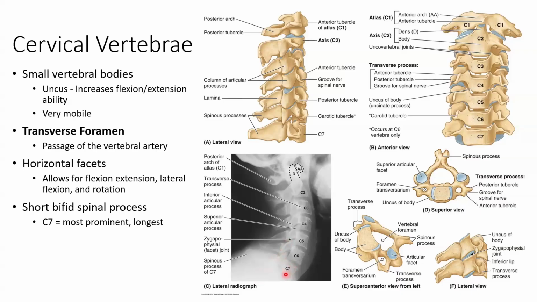And so C7 actually has quite a long spinous process. It's typically the most prominent in people, and so it's easily palpated. So the one exception to the short bifid spinous processes is this C7, which is the most prominent and is becoming and looking more like the thoracic vertebrae that are going to follow just below it.